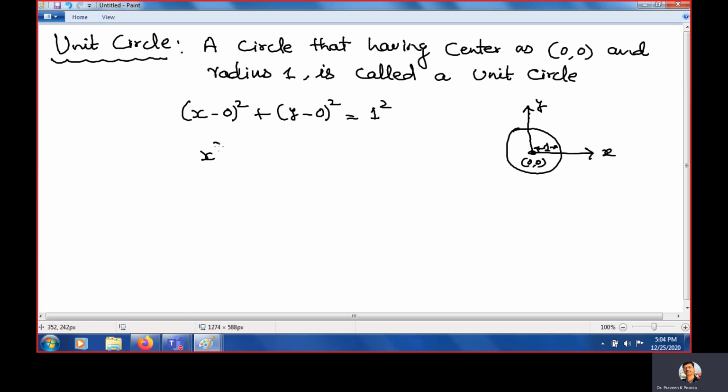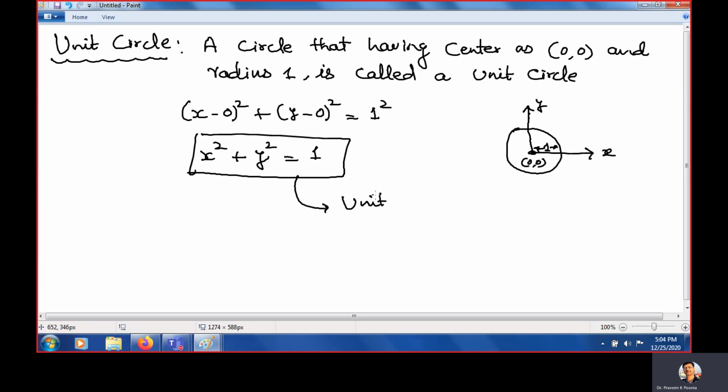X minus 0 is x, y minus 0 is y, 1 power 2 is 1. So x square plus y square equal to 1 is the equation of unit circle. This thing you need to remember, and no other things required.